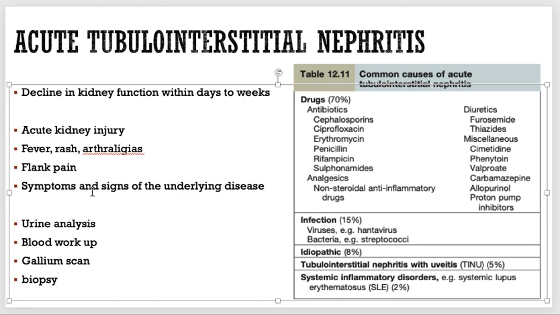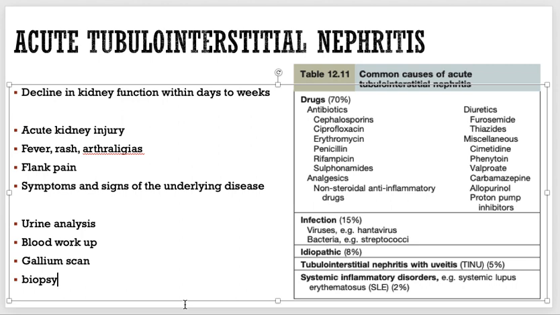So when the kidneys are damaged, of course, in the blood workup you will find that urea and creatinine are raised. Okay. Again, if it is due to a hypersensitivity reaction to drugs, you will find eosinophilia in the blood. Okay. And depending on the site of the damage, you can find hyperkalemia or hyponatremia or hypophosphatemia, things like this, right?